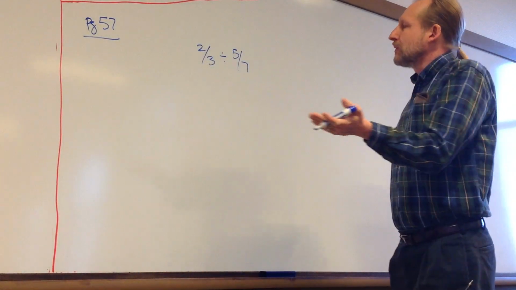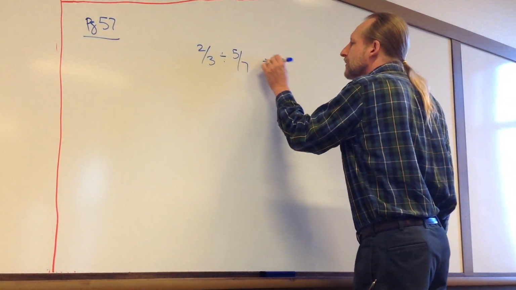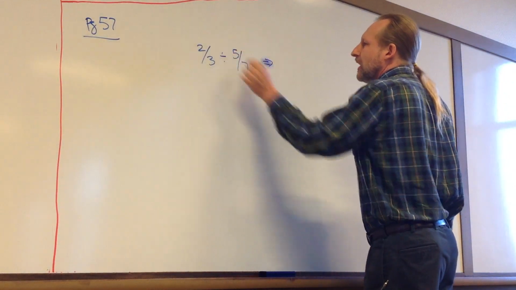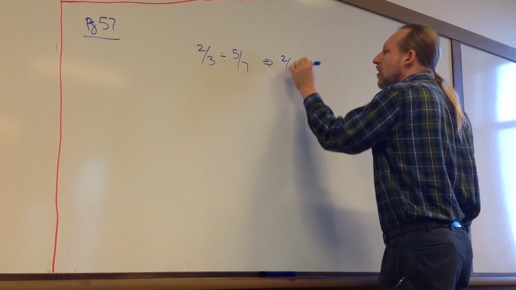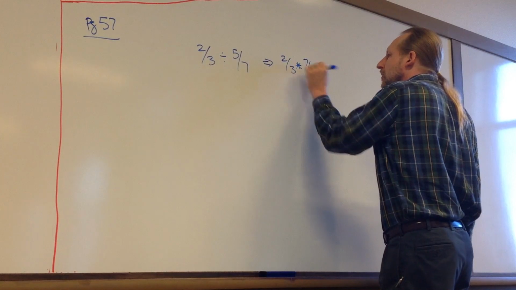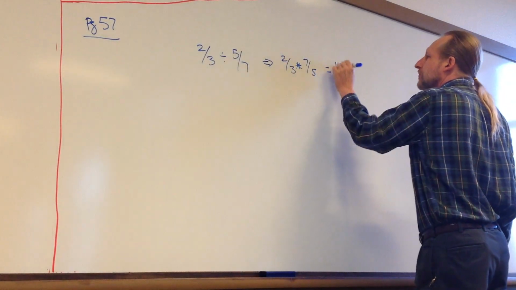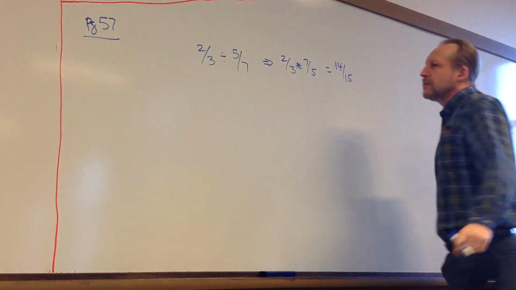Whether you know this rule or not, the rule for dividing fractions says take the fraction you're dividing by and multiply by its reciprocal. And that would give us 14 over 15.